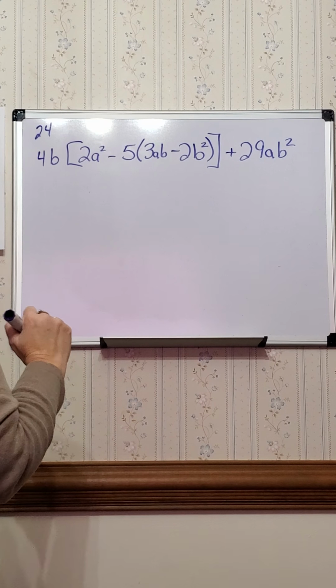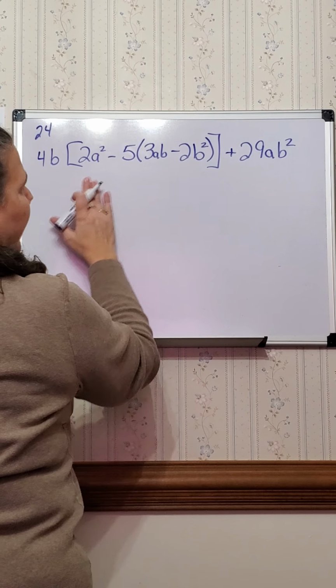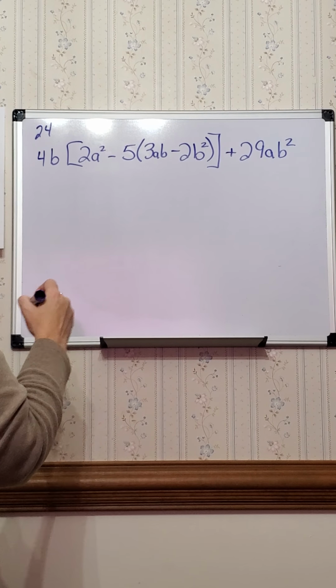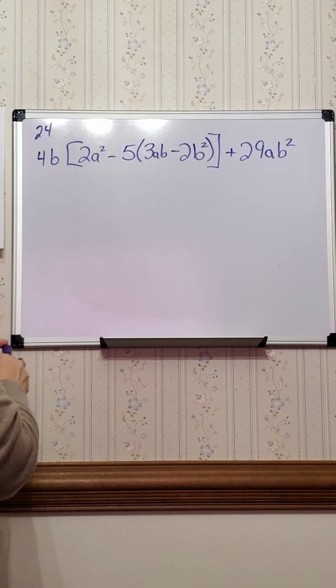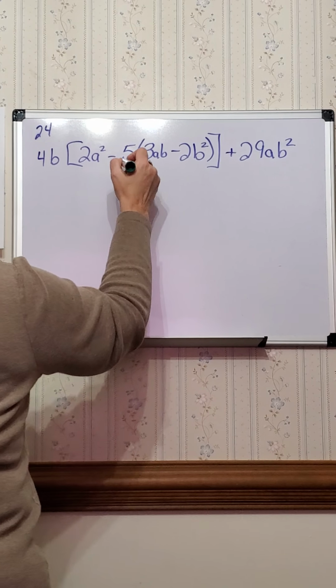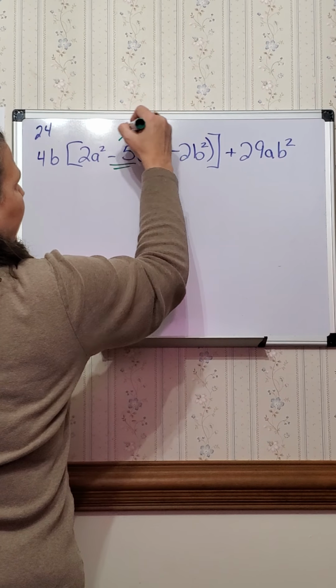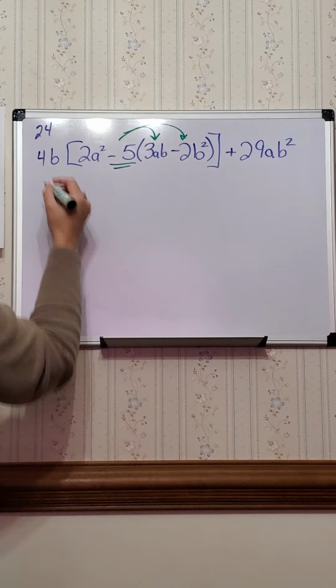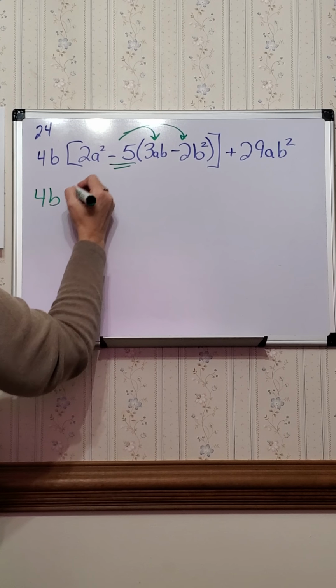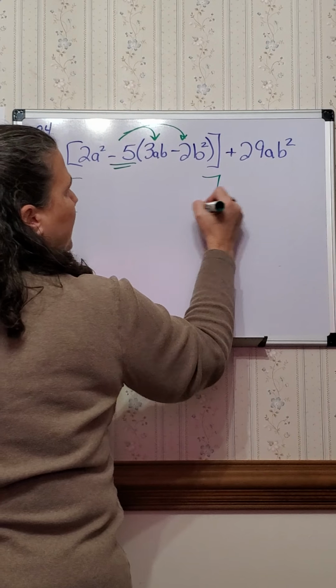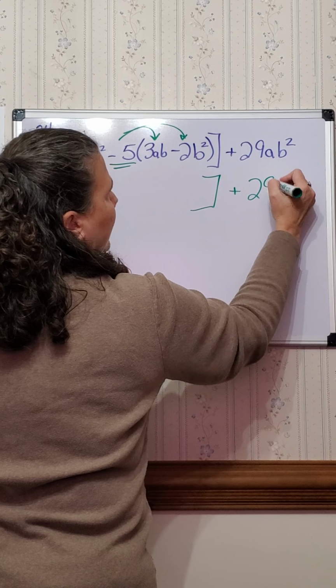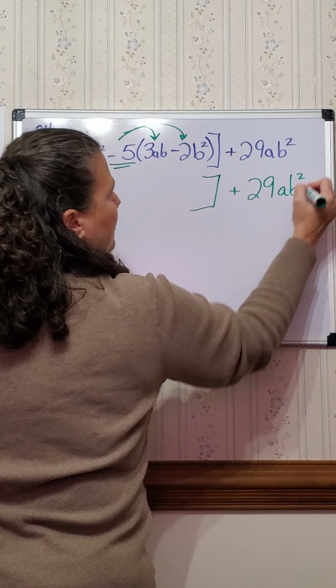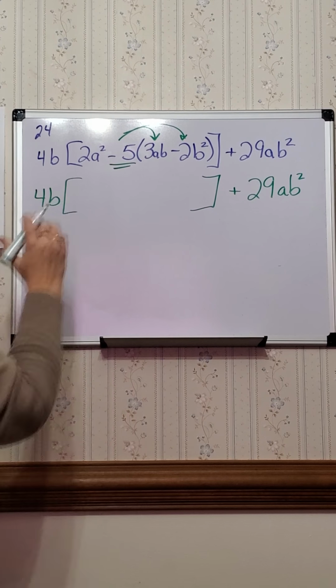Okay, so we are going to stay inside the bracket first, and we are also going to have to do our parentheses first. So we are going to start with distributing this right here to begin with. I'm going to bring down this 4b, these brackets, and my 29ab squared there because I'm starting in here.